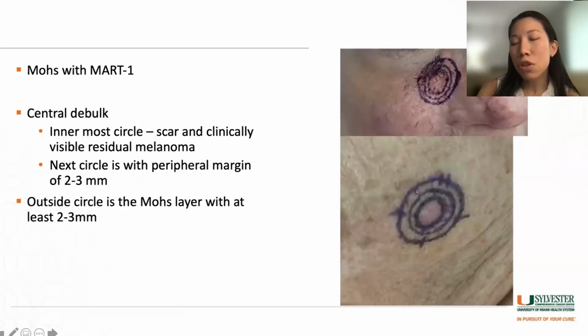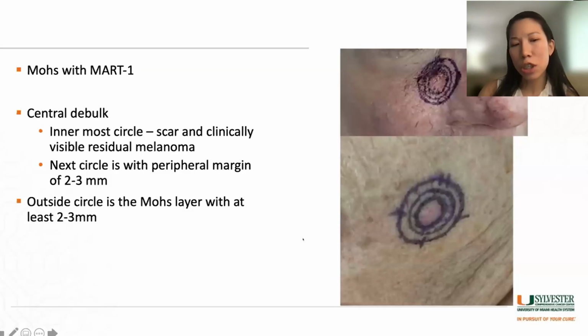Then we take another 2 millimeters around it, and that's the piece that's taken for the central deep bulk. That is processed in a vertical fashion for frozen sections, and also sent to the outside lab to further confirm that there's no true invasive component, as recommended by the NCCN. And that outside margin is the true margin for MOHS.